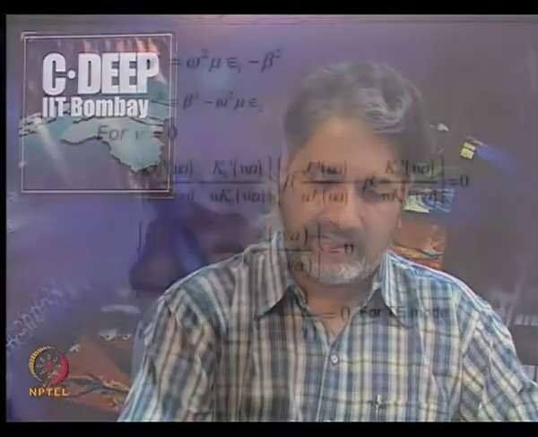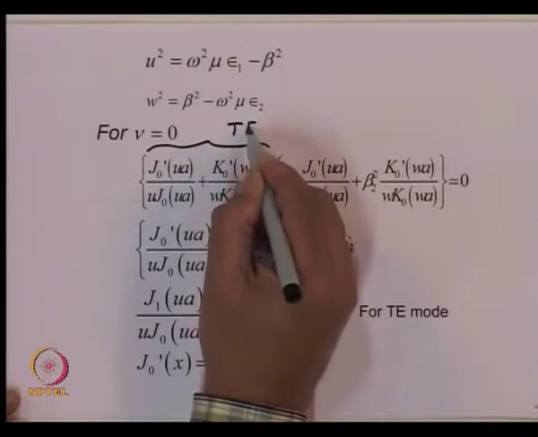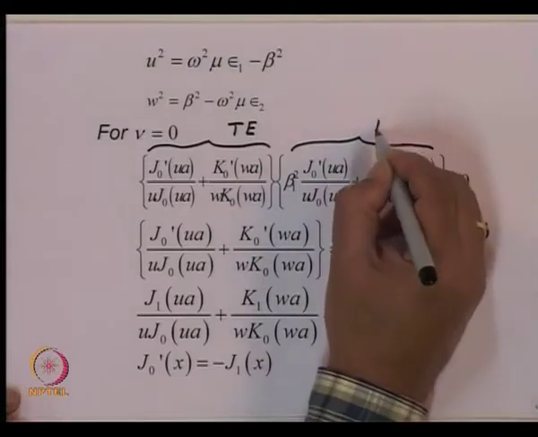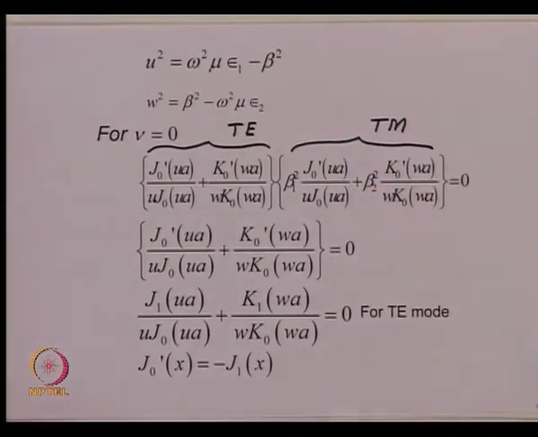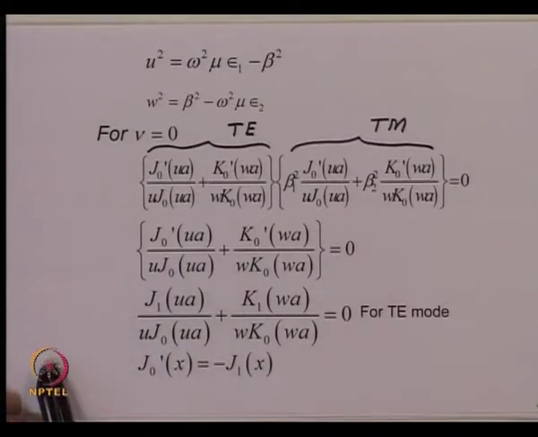So this bracket here essentially represents the TE mode, and this bracket here equal to 0 represents the characteristic equation for the transverse magnetic mode. If I take this bracket and equate it to 0, this will be the characteristic equation for the transverse electric mode.